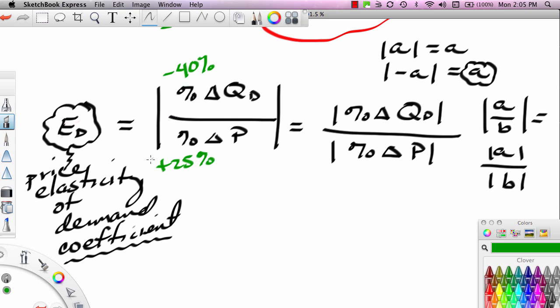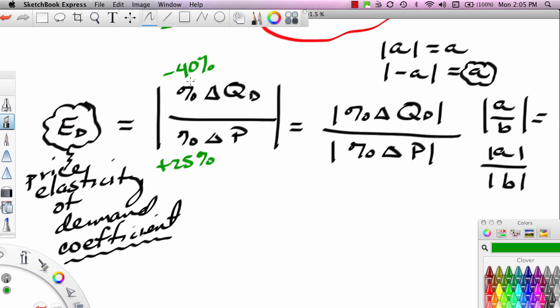We're going to actually formalize this in a minute, write this out. But let's just think about it before we write it out. Negative 40%, absolute value, is 40%. So this is really 40% in absolute value terms. This is 25%. 40% divided by 25% has got to result in a number greater than 1. Yep, it has to.